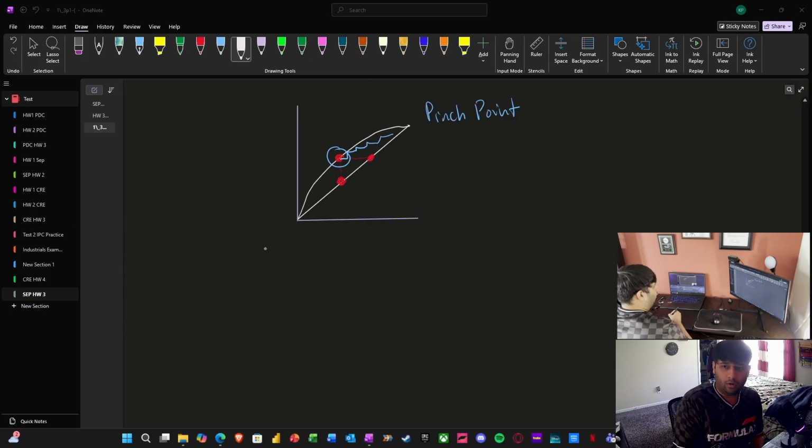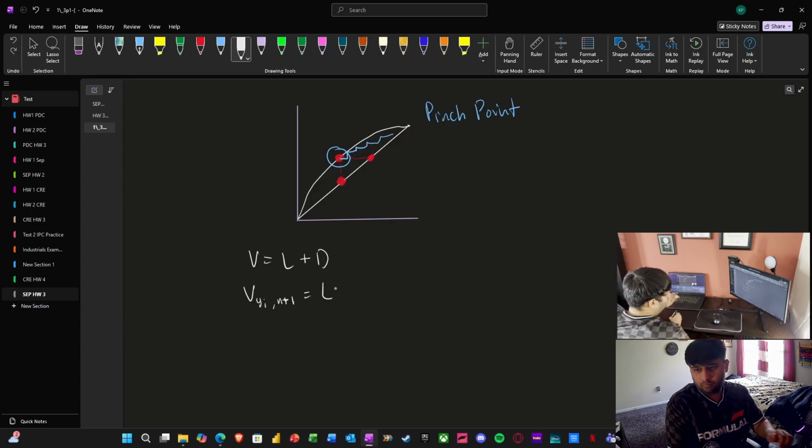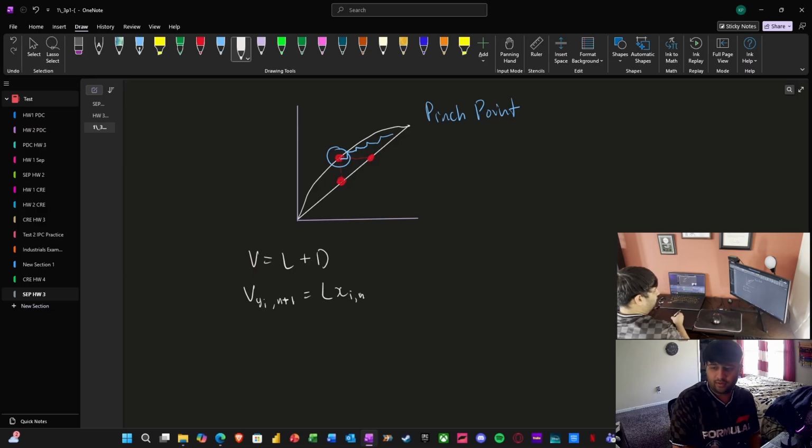So if we recall our V equals L plus D, we can put it in respect of y_{n+1}, and then L x_n with respect to i, plus our distillate x_i in terms of our distillate.